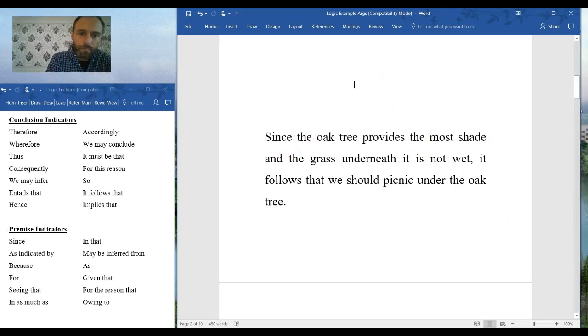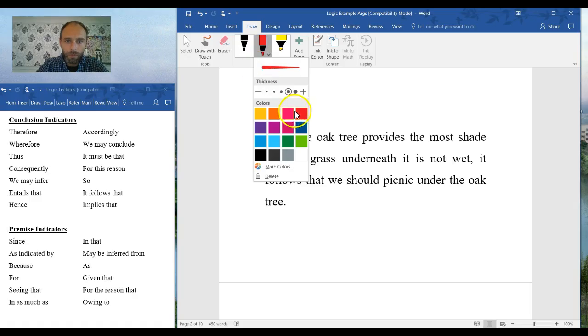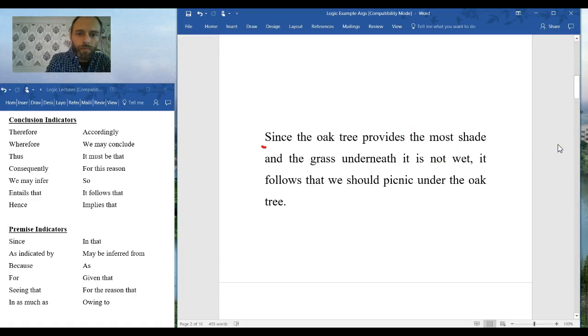Let me underline that for us. All right, so we see that word since, and we look at our list of indicator words, and we see that since is a premise indicator. So it's likely that the information that comes after that will be a premise.